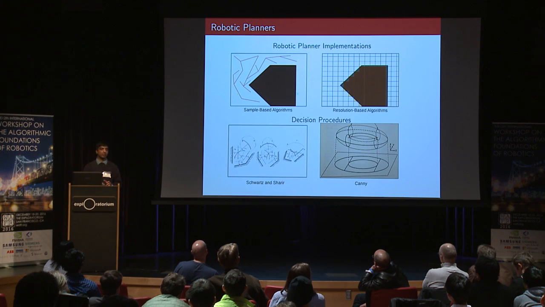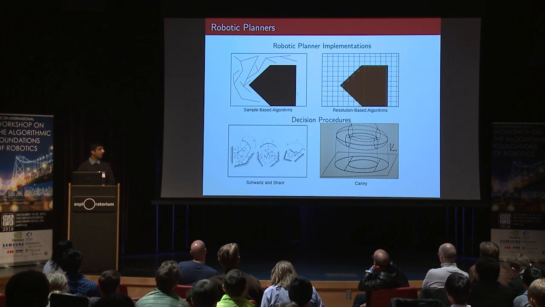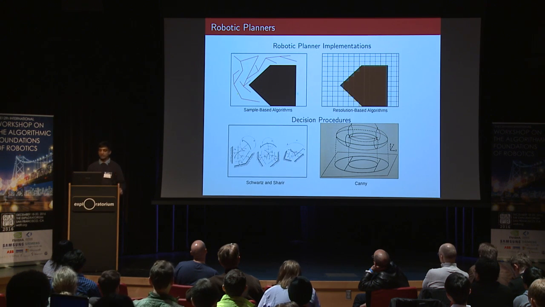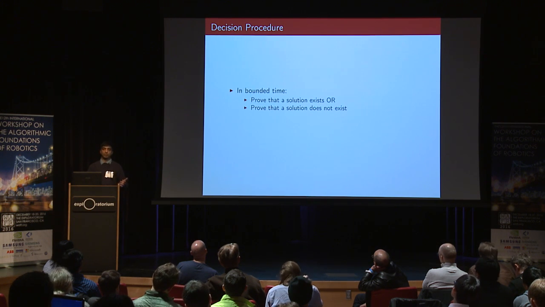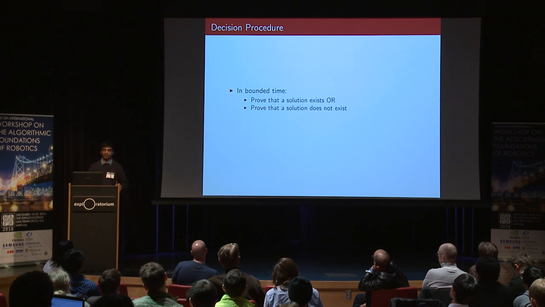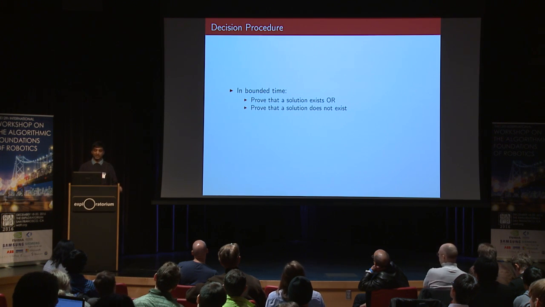So if you want to be more theoretically sound, we have to look for decision procedures, like those of Schwartz and Sharir and Canny. These are much more theoretically sound, but they're very slow. So everything today is of theoretic insight, but doesn't really have any practical value as of yet.